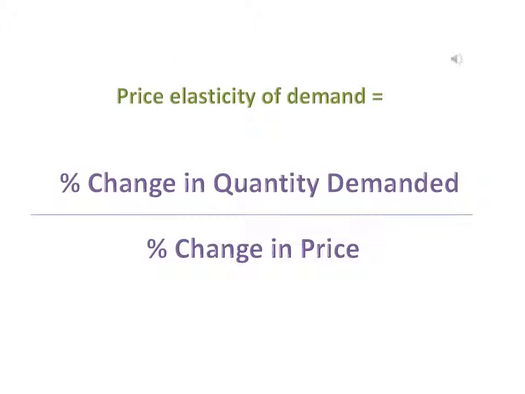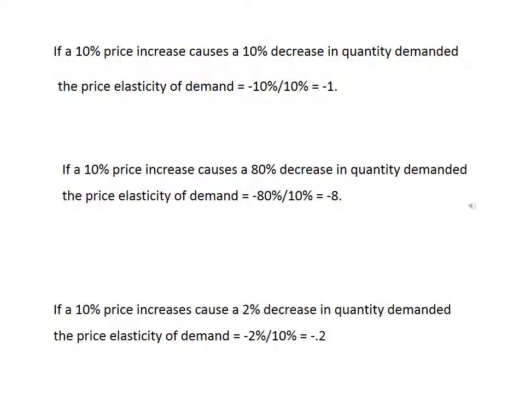Here we have the formal definition of price elasticity of demand. Price elasticity of demand is equal to the percent change in quantity demanded over the percent change in price. Let me say that again. Price elasticity of demand is equal to the percent change in quantity demanded divided by the percent change in price. Let's plug in some numbers.